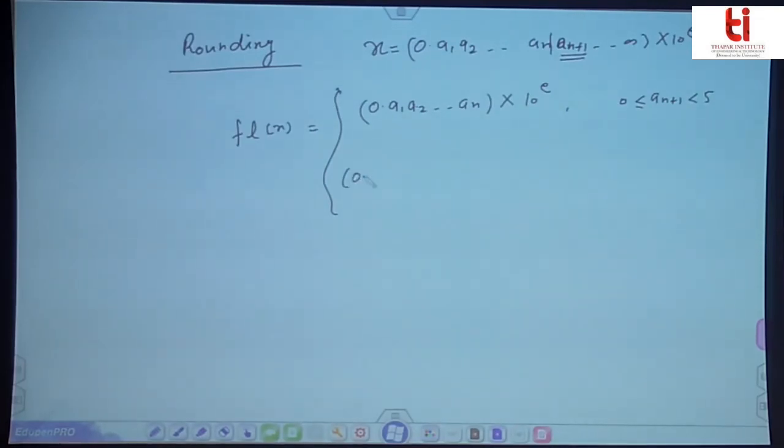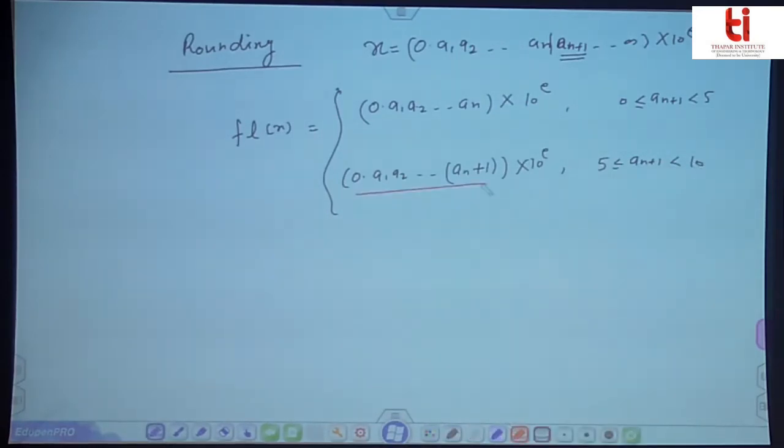0.a1 a2 ... an plus 1. We are adding one to an whenever a(n+1) is greater than or equal to 5 and less than 10. So this is the definition of rounding.